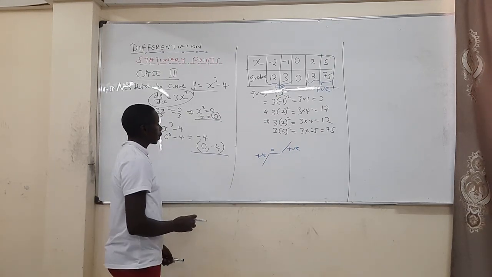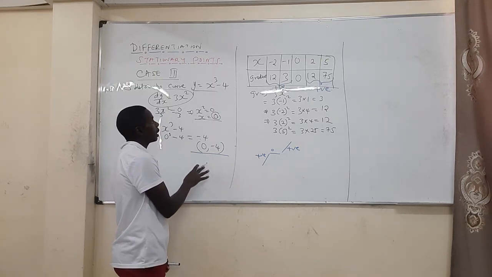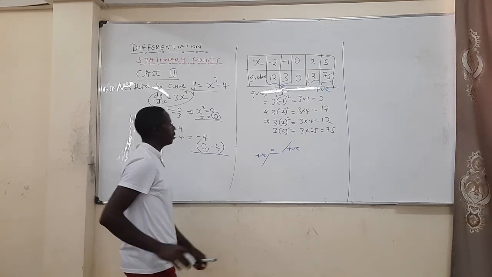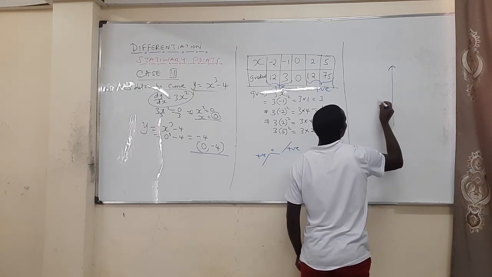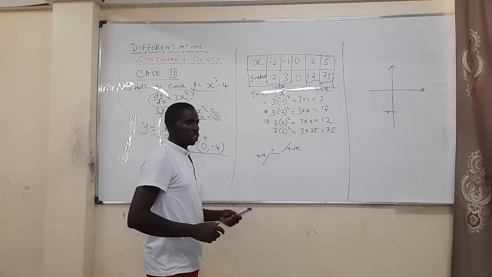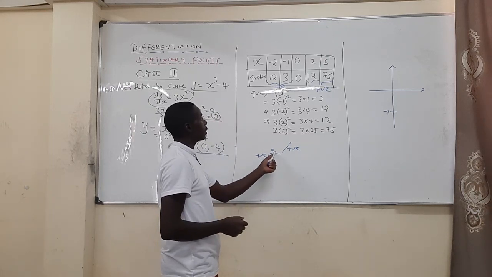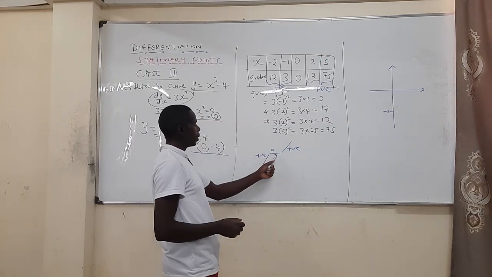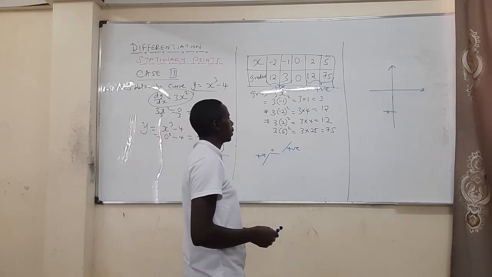For us to sketch, we need our point where the curve has the gradient as 0, that is point 0, minus 4. So to sketch our curve, on the left-hand side of our stationary point, at point 0, minus 4, the gradient is positive, then 0, and then positive again.